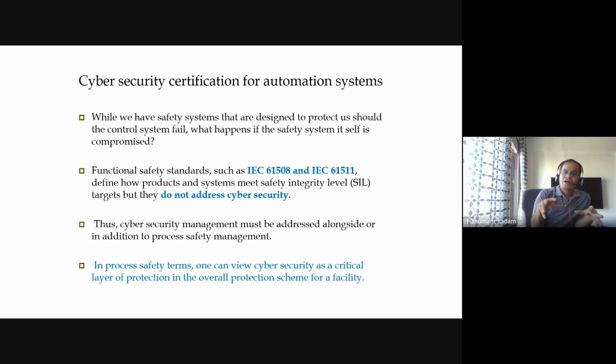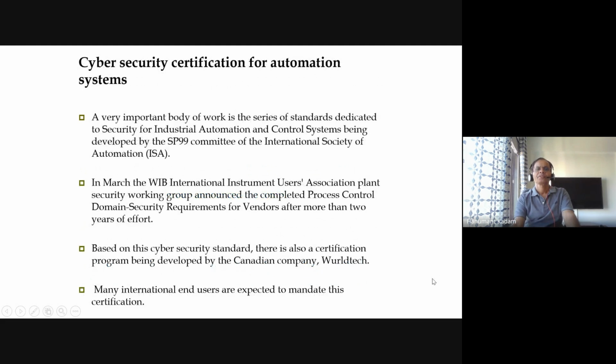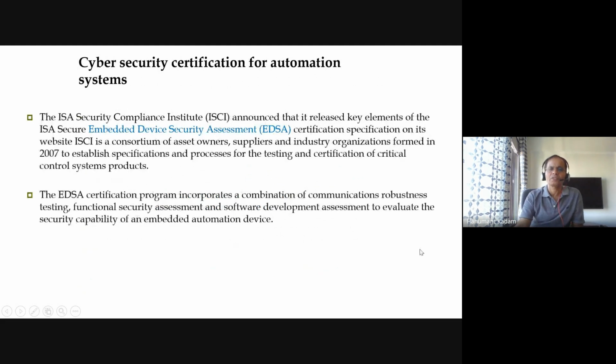They are addressing the security within the control. Thus cyber security management must be addressed alongside, or in addition to, process safety management. In process safety terms, one can view cyber security as a critical layer of protection in the overall protection scheme for a facility. So, cyber security certification and formation.